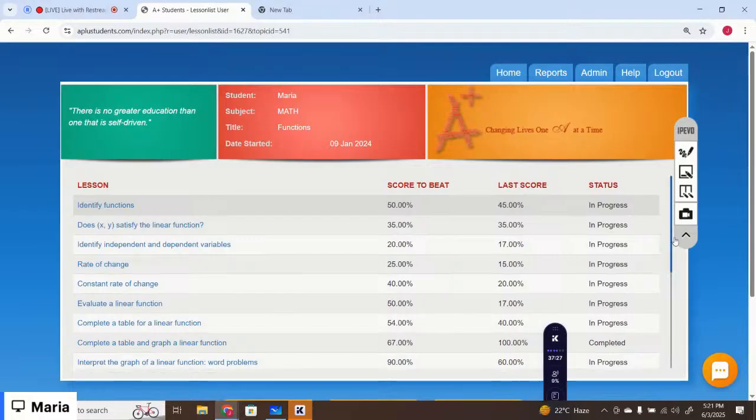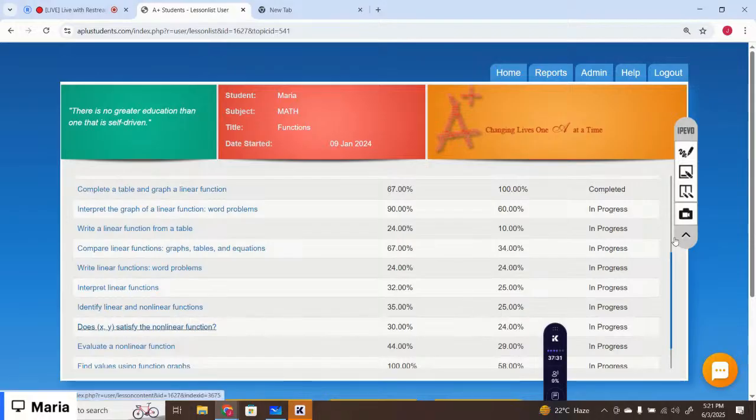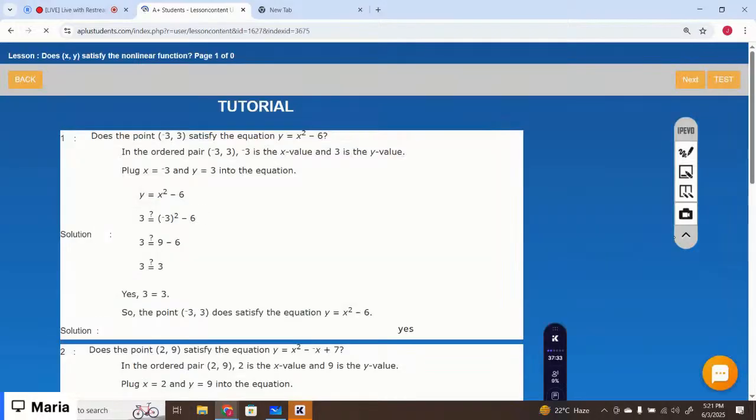The next lesson is: does x, y satisfy the linear function? Does the point negative 3, 3 satisfy the equation y equals x squared minus 6?